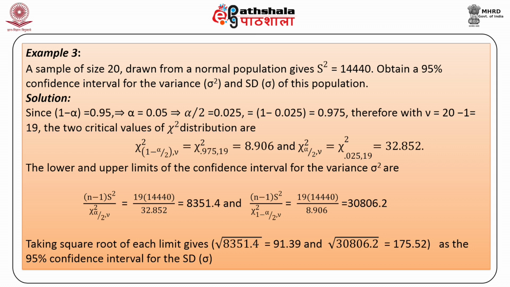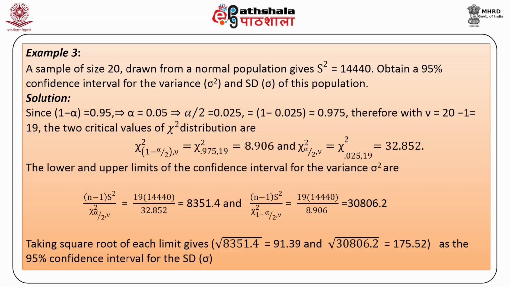So the lower and upper limits of the confidence interval for the variance sigma square are equal to n minus 1 S square upon chi square alpha by 2 into nu, which on substitution of the values is equal to 19 into 14,440 upon 32.852 and comes out to be 8351.4. And similarly, the upper tail value on substitution of the values gives us value equal to 30,806.2.